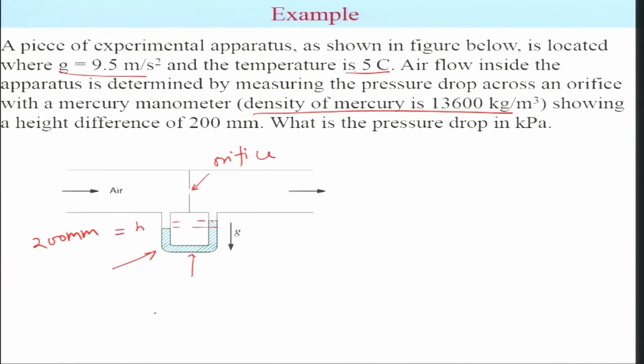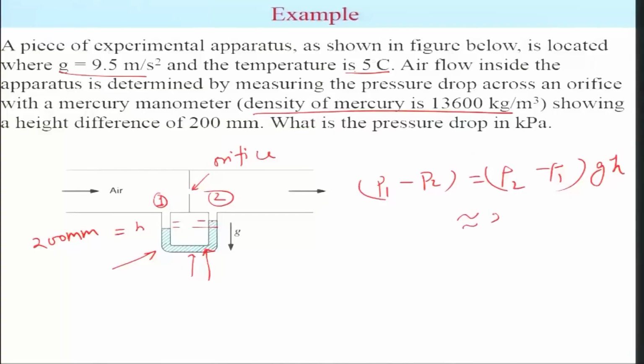We talked about this earlier. Let's say this is 1 and this is 2. So P1 minus P2 is going to be rho 2, the density of the mercury, minus rho 1, the density of the gas, multiplied by G and H. In this case, the density of the gas is close to 1.2 kg per meter cube.